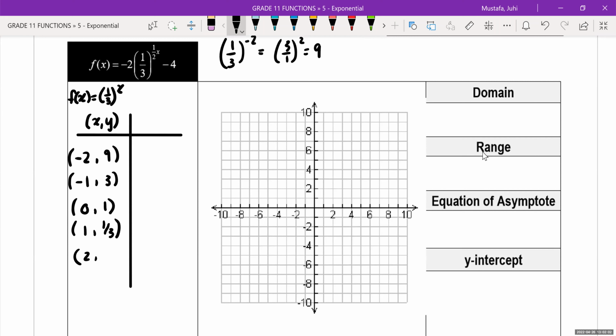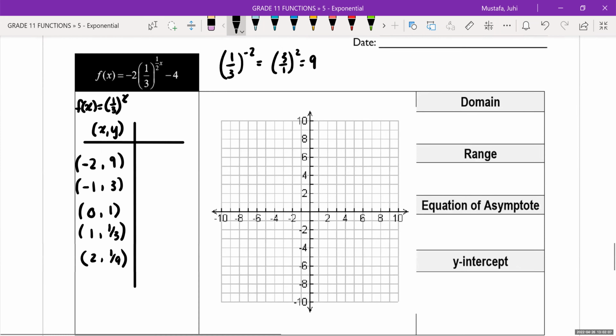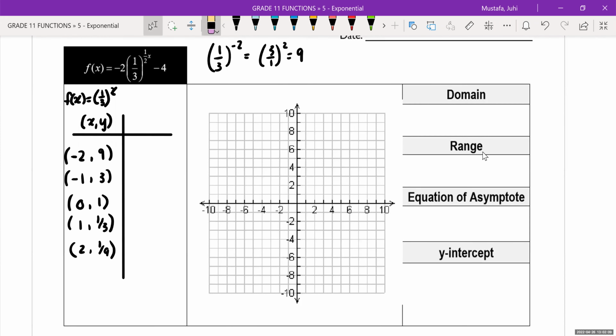And 1/3 to the power of 2 is going to be 1/9. And by the way, just like before, be really careful with the originals, because if you get the originals wrong, then everything else in your graph is going to be wrong. So double and triple check to see if you made any mistakes.